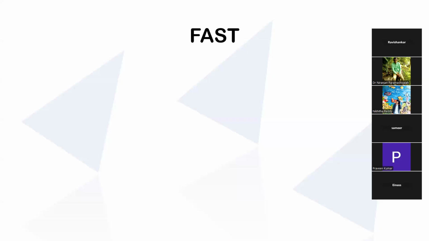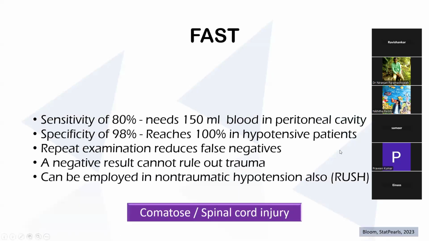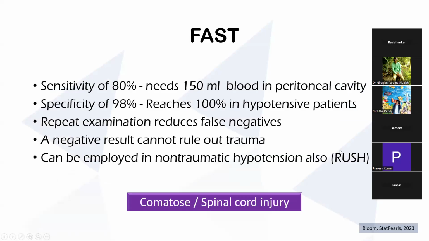How sensitive or specific is it? You need to have at least 150, 200 ml of blood in the peritoneal cavity, or even bowel fluid. You cannot differentiate between the two. If it is a hollow viscus injury with bowel content, you cannot differentiate between the two. But it's about 80% sensitive.